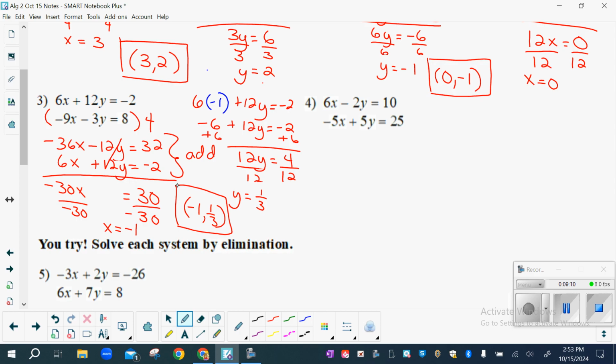Wait, the first one's 5, and then the other one's 2. It's not always the same way around. I see. Using the number 2.